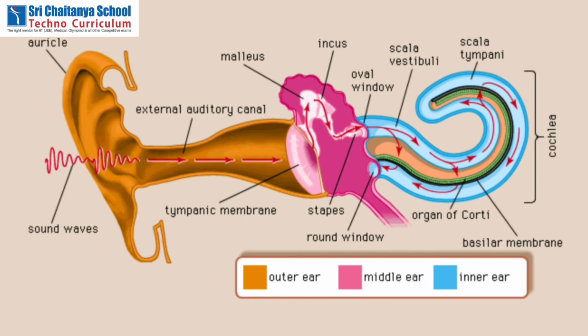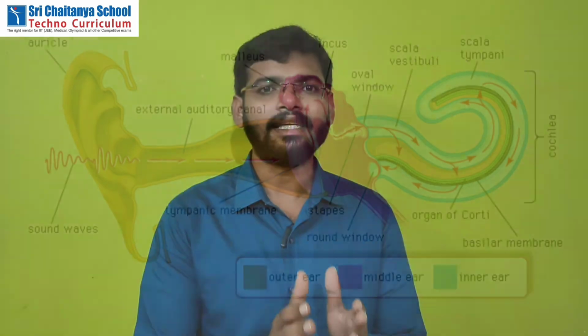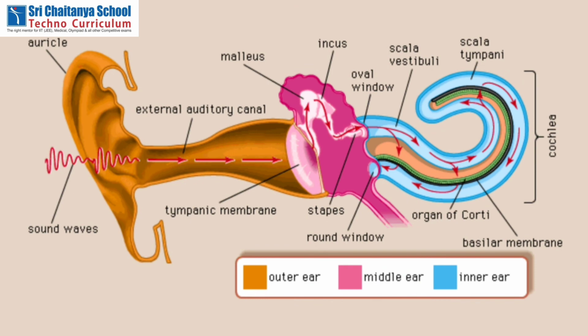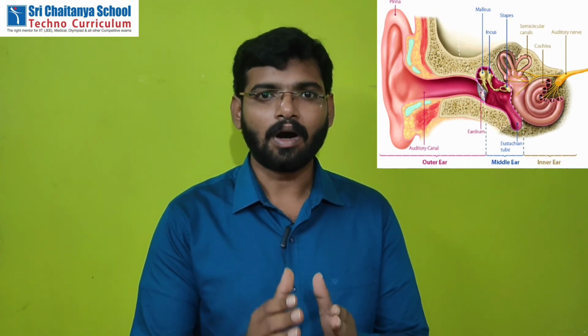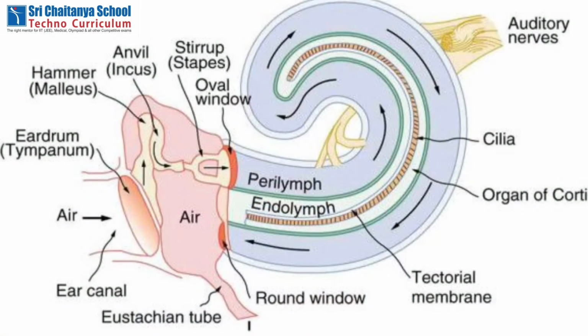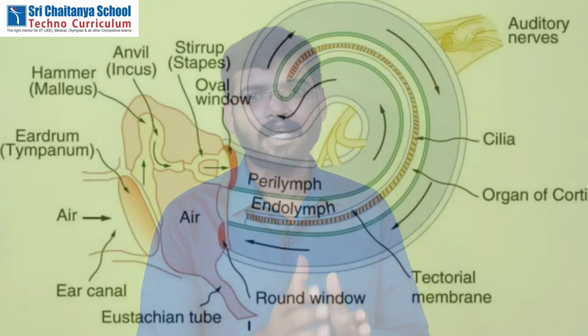Let us discuss the mechanism of hearing. The external ear receives the sound waves and directs them to the eardrum. The eardrum vibrates in response to the sound waves, and these vibrations are transmitted through the ear ossicles, malleus, incus and stapes, to the oval window. The vibrations are passed through the oval window onto the fluid of the cochlea, where they generate waves in the perilymph and endolymph.